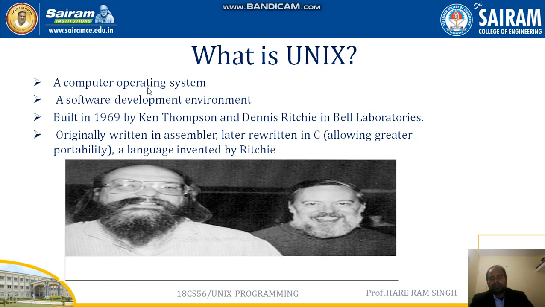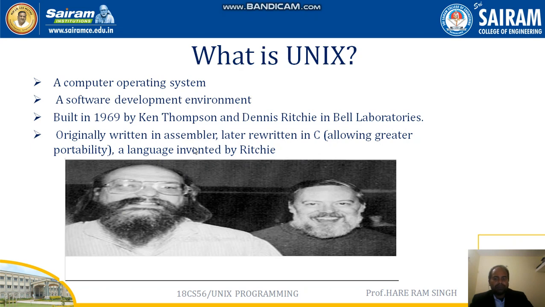Unix is a computer operating system, and it is a software development environment. It was built in 1969 by Ken Thompson and Dennis Ritchie, two scientists who developed the Unix operating system in Bell Laboratories.